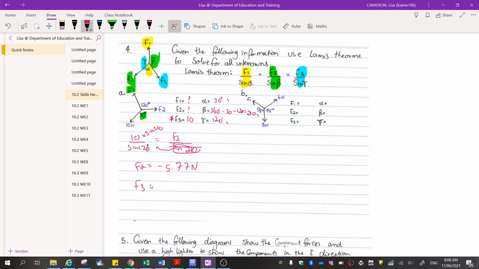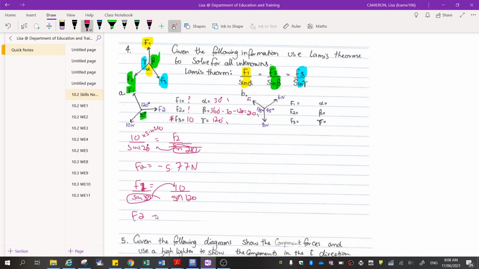Now the F3 direction, let's see. No, F1 is what we're looking for. So F1 over sine of 30 is equal to 10 over sine of 120. Grab this, put it up there. F1 equals, now sine of 30 is a half.